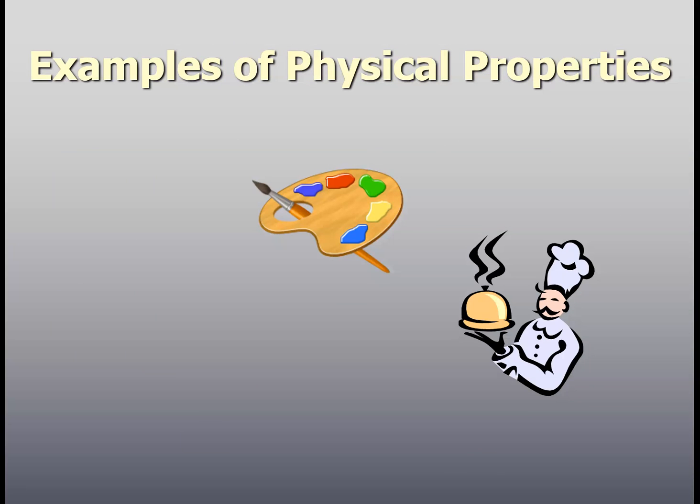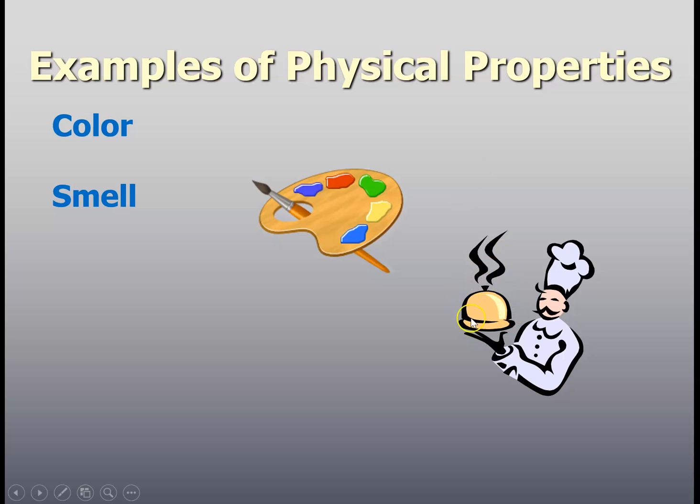So let's look at some examples of physical properties. Color. There is blue, red, green, yellow. These are colors, and they are done by our sense of sight, so it is a physical property. Smell.